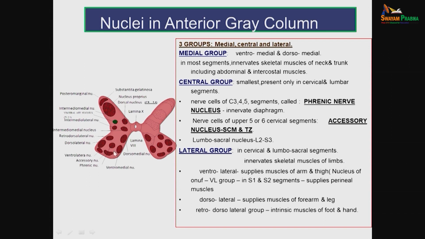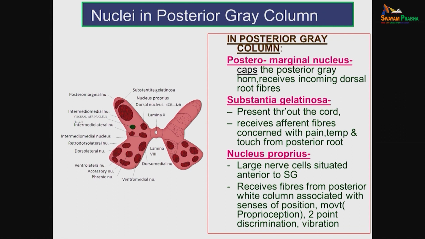So, in the anterior gray horn, we have a medial group of nuclei, central group of nuclei, and lateral group of nuclei. Having learned this, we will go to the nuclei present in the posterior gray horn. First is the posteromarginal nucleus, which caps the posterior gray horn, and it receives some incoming dorsal root fibers which come and end here.